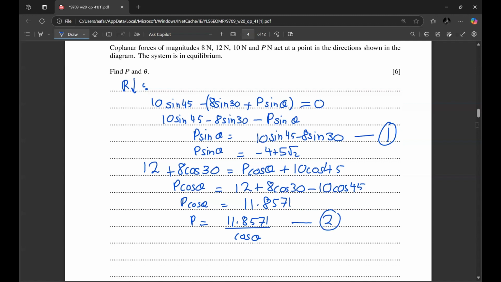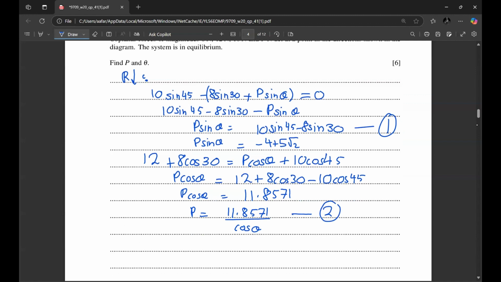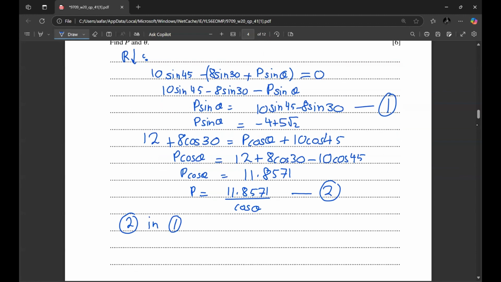This is 2. Let's substitute this P in 1. We get 11.8571 over cos theta into sine theta equal to -4 plus 5 under root 2.